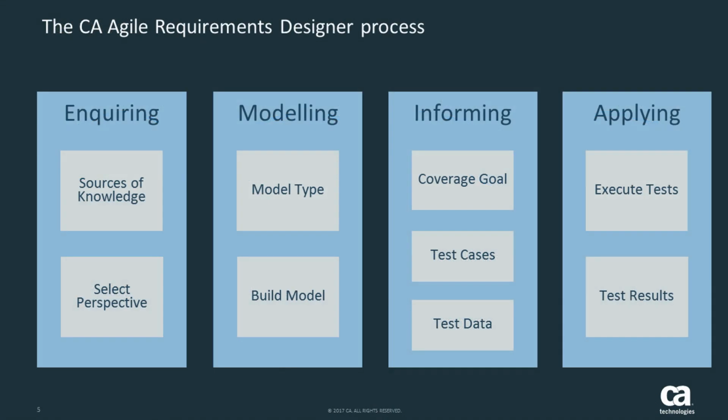So here's the four stages, and what I'm going to do is I'm just going to highlight some of the key activities in each of the stages. Now, ARD supports, if you like, the inquiring, modelling and informing stages.